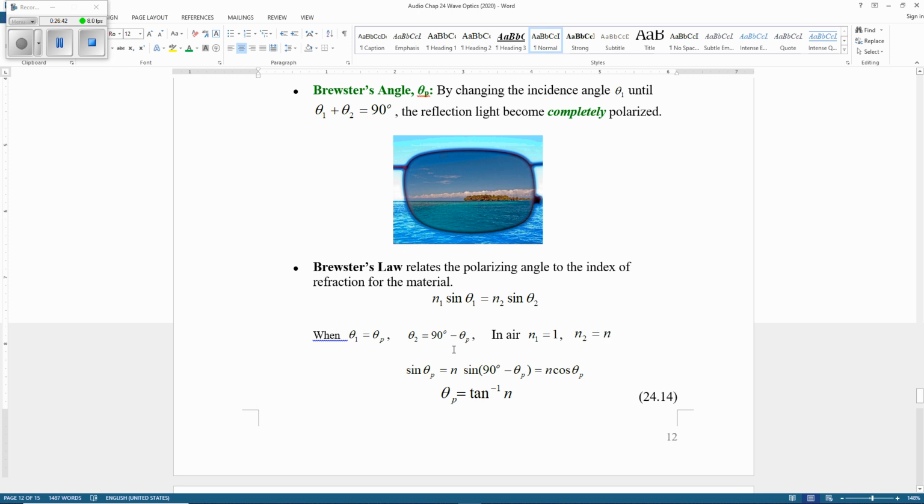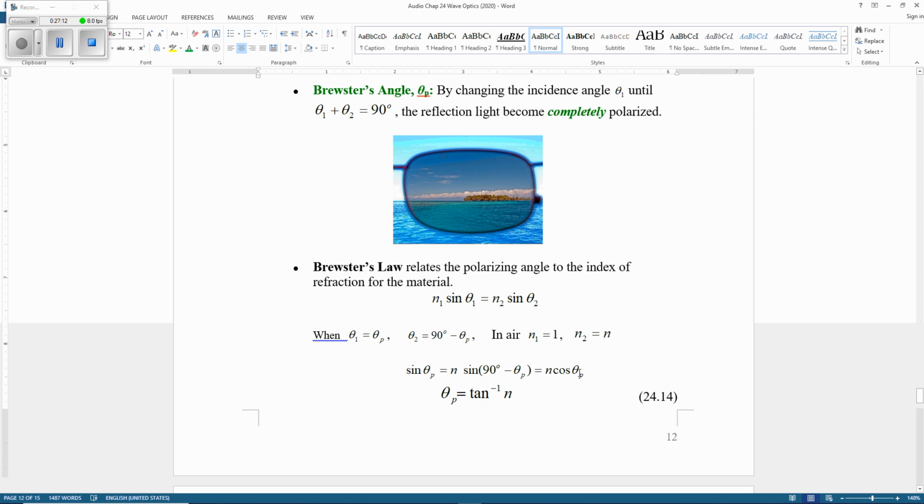So the law of refraction becomes: sine theta p at Brewster's angle equals n sine of (90 minus theta p). And you know sine of 90 minus an angle equals the cosine of the angle, right? So this becomes n times cosine theta p.